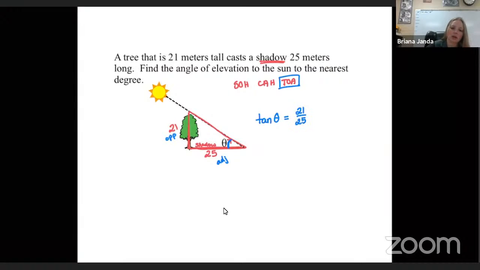And this is what we learned, and we kind of sped through this at the end of our notes yesterday, but we had tangent of theta. If I want to solve for theta, it's this tangent part that I need to get out of there, which as I move it to the other side becomes the inverse tangent. And then we type in inverse tangent, 21 divided by 25, into our calculators.